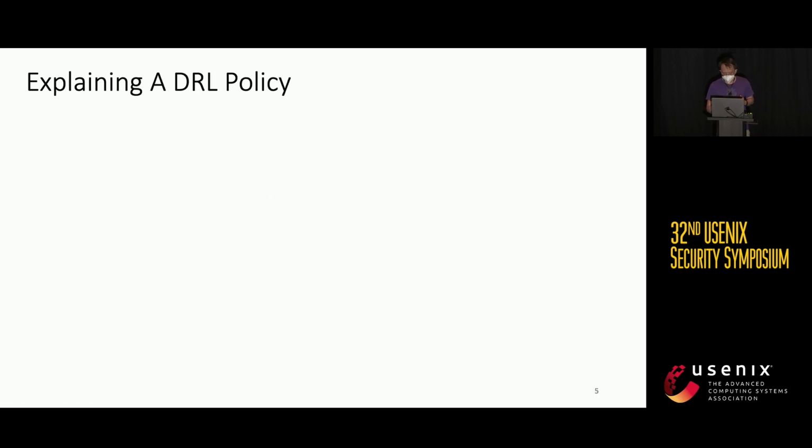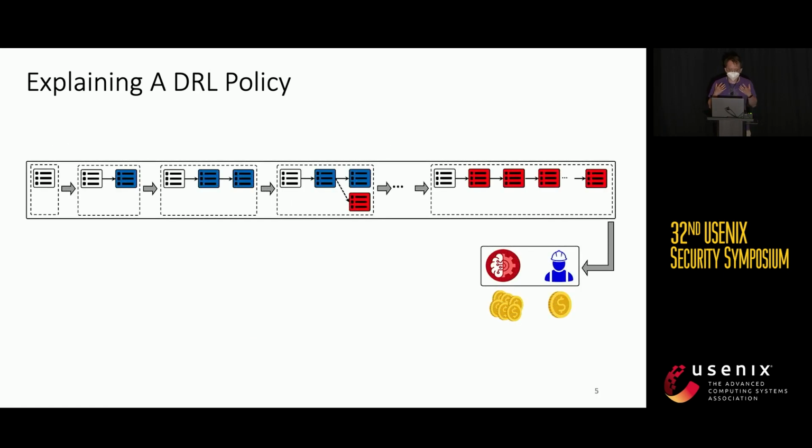But the problem with this type of explanation is that I know why my agent takes individual actions at each time step, but overall I don't have a more global understanding of the strategy. For example, let's say in this case, after a few steps, the selfish miner was able to collect a lot of rewards.